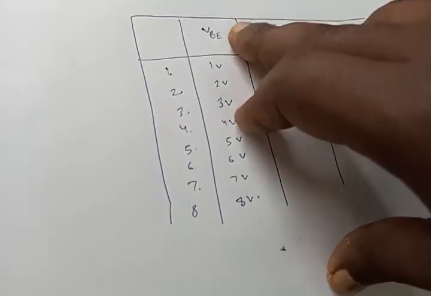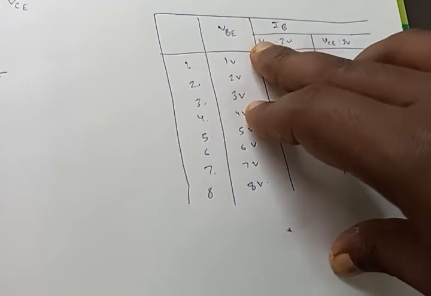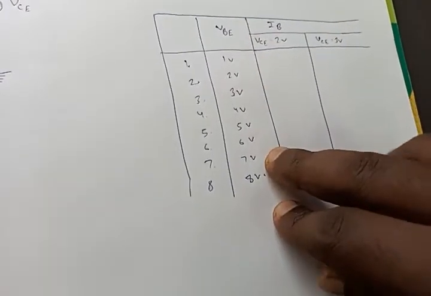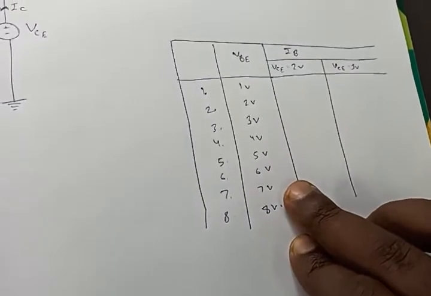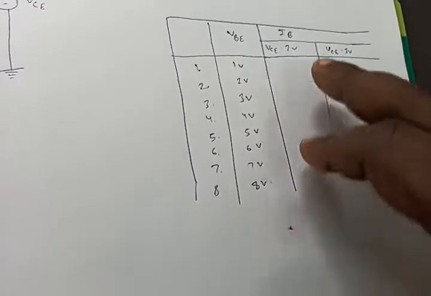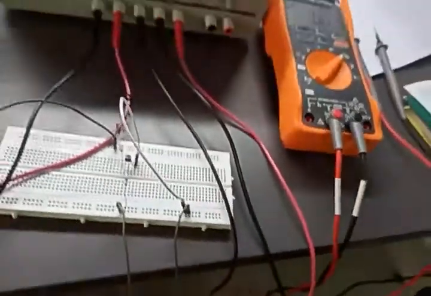We will vary the VBE, base emitter voltage, from 1 to 8 volts, and we will note down the corresponding readings of IB. So let's start the experiment.